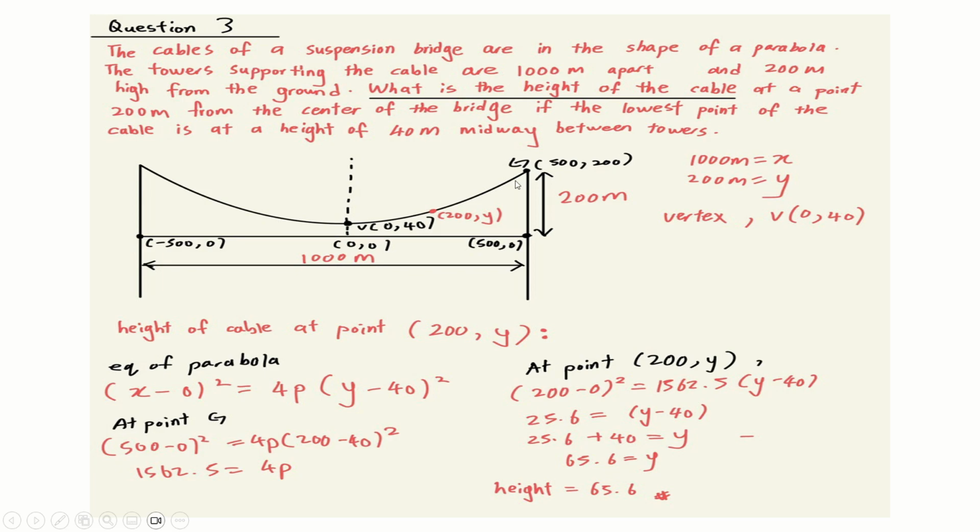And then we found that the point on the tower is at (500, 200), so we simply substitute it in and we find 4p. And then lastly, we substitute the point 200, y into the equation of the parabola, and then we find that y is 65.6, which is our height, and then the problem is solved.